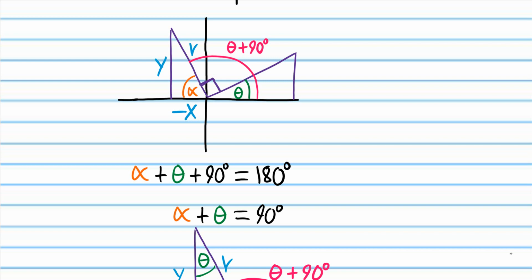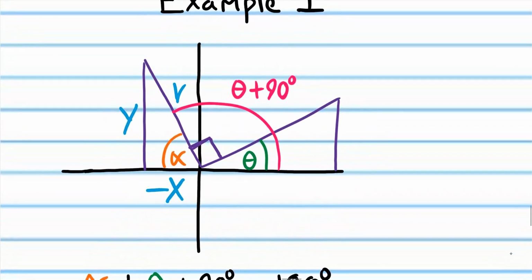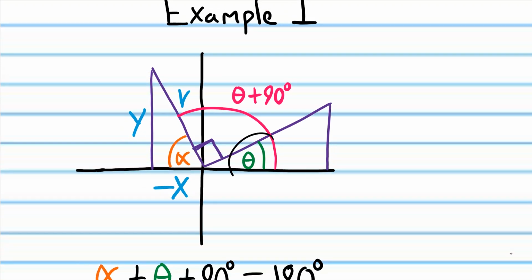The big question, obviously, is who cares? The reason that we care is because both theta and alpha are reference angles. By the way, theta is the reference angle for the green theta angle, and alpha is the reference angle for the angle theta plus 90.